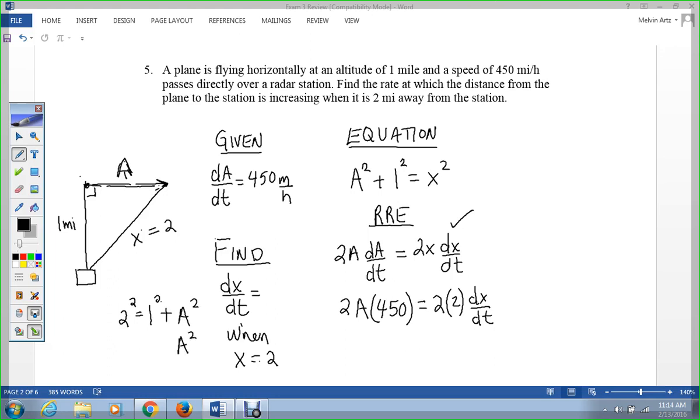So A squared equals 4 minus 1, or A would equal the square root of 3. Now we don't need the plus or minus, we don't need the negative sign, because this is going to be a distance, so that's always positive. So now we have our value for A. So that would be the square root of 3.